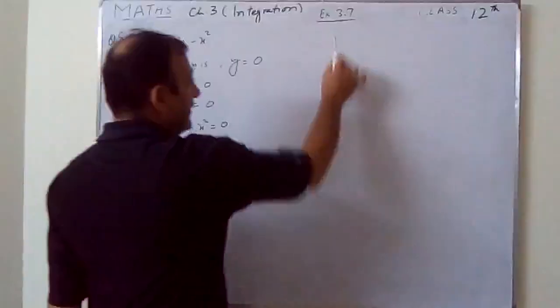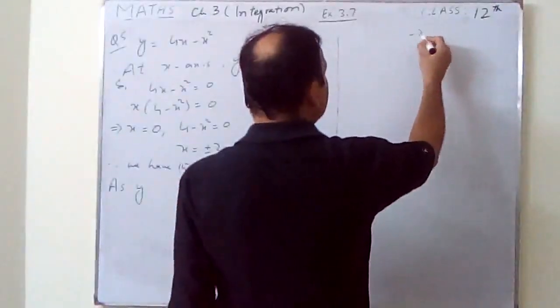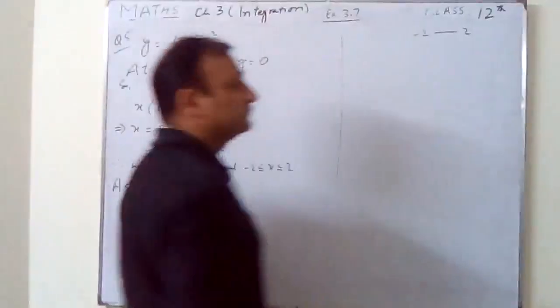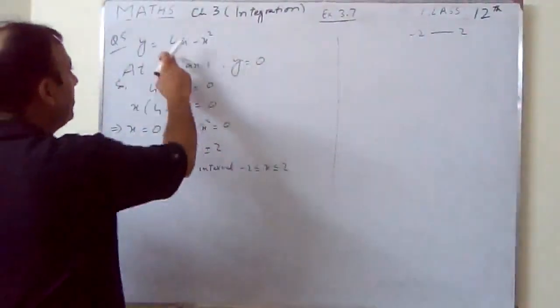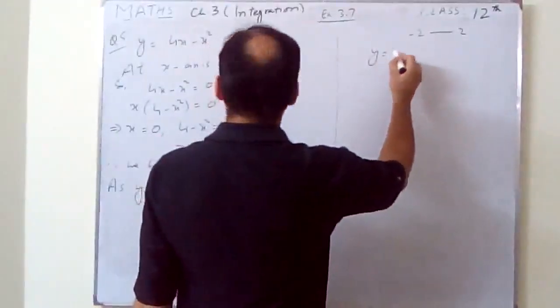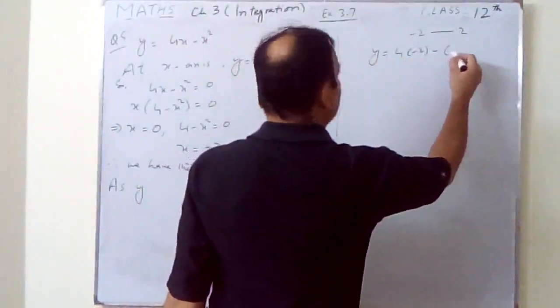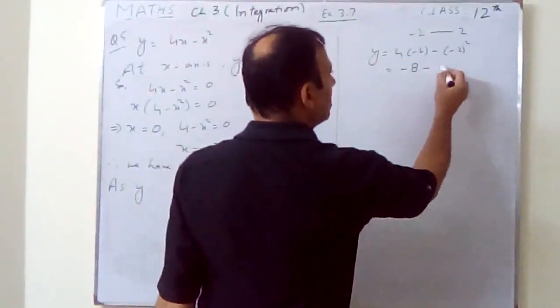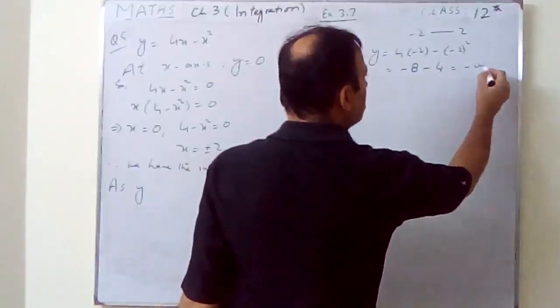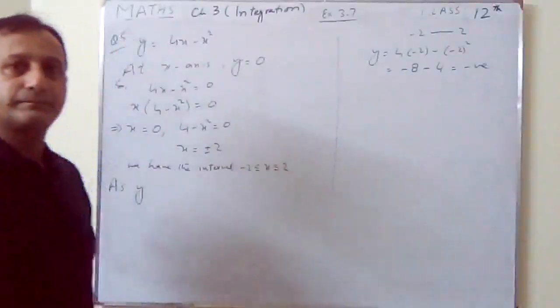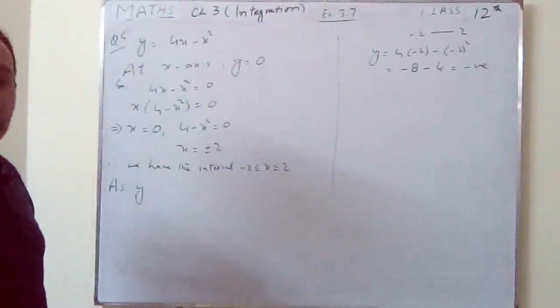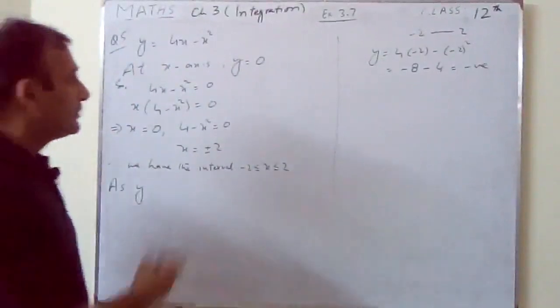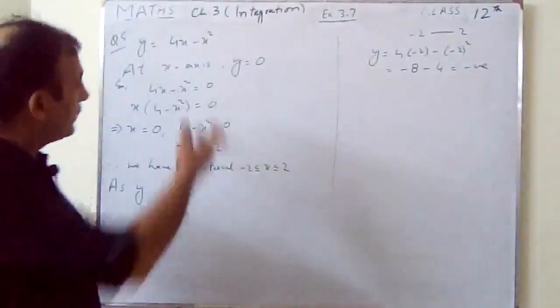Now as a rough check, we have this interval. When we put here -2, what is the answer here? It is negative. When we put -1, again negative. When we put 0, it becomes 0.